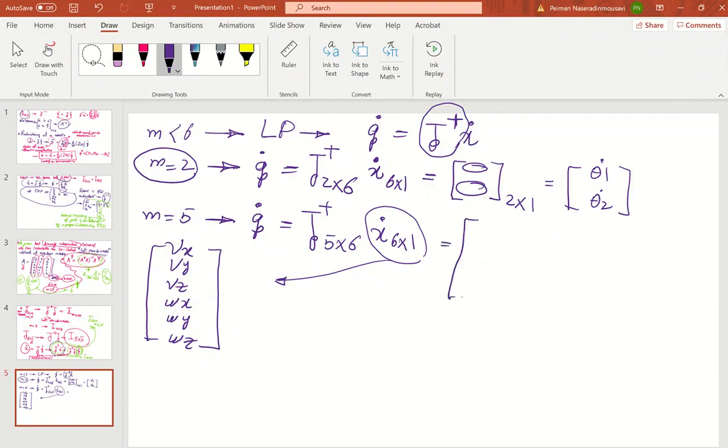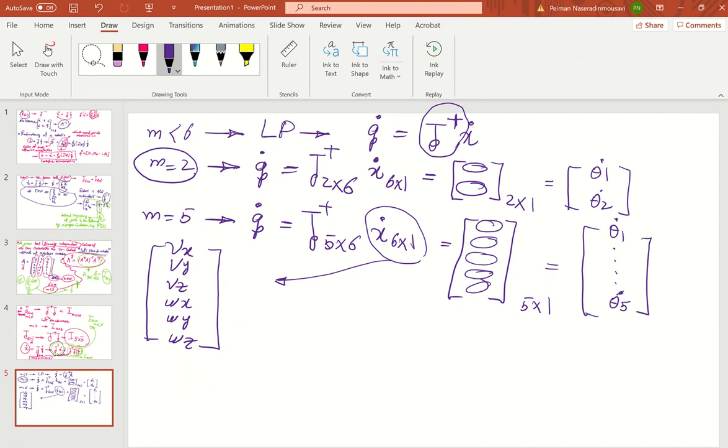So you're going to have 5 by 1: 1, 2, 3, 4, 5, because you have 5 joints, 5 degrees of freedom. Now you have theta dot, integrate that to get theta. Simple like that.